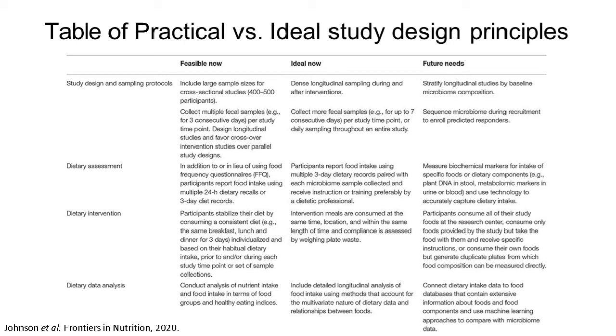And if possible, having longitudinal analysis is good, and doing something like the food tree, where even if people are eating slightly different foods, you can somehow use that information to get more signal out of the data. So I'll let you dig into this paper, if you want to read more about more of the details on the recommendations and what some of the future needs are.